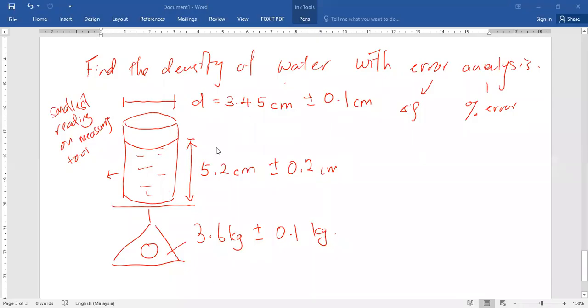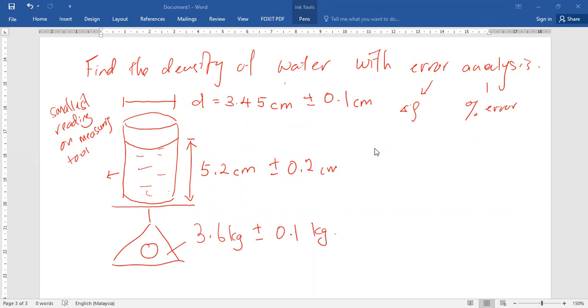Okay, it depends. Now we look at here. Back to the question. Now we notice that if we find the density, that means it involves all the readings, right? So before we calculate anything, the maximum number of decimal places here is 2. Because our calculation involves D, involves the h, involves the M, we add another 1.